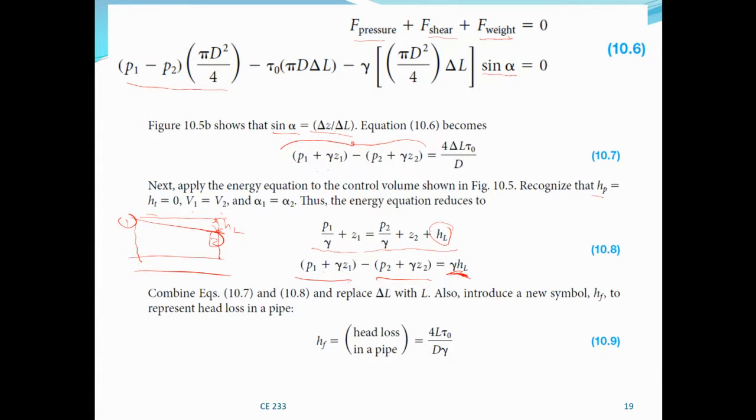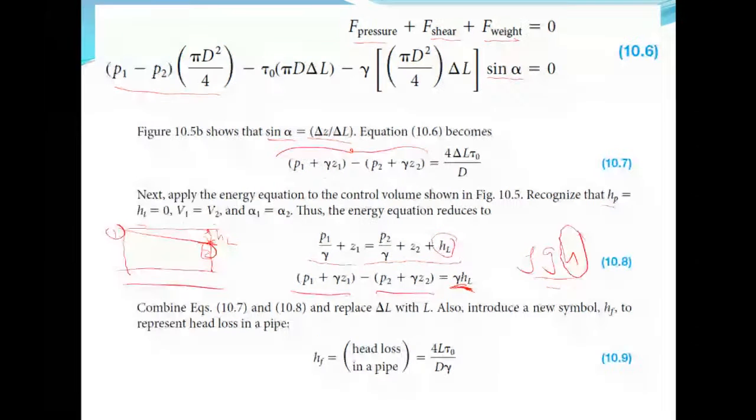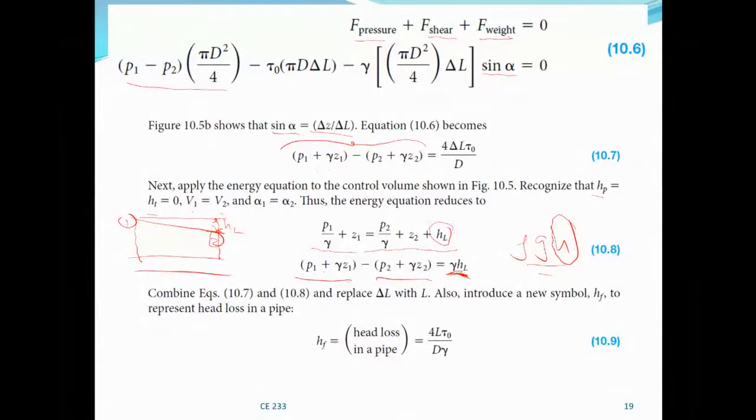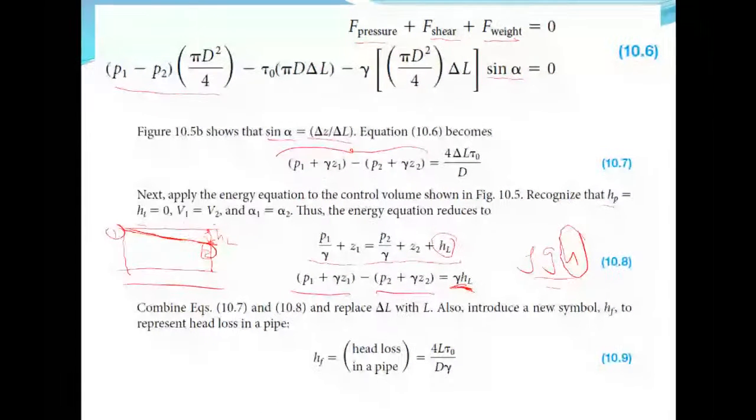It's due to the piezometric head loss, which is given as gamma HL, and gamma HL is simply rho g h. Because this is also like a head of water that is being lost, it is expressed in the form of a head of water. That's why we call it head loss. So the head is being lost as it is moving, it's decreasing.